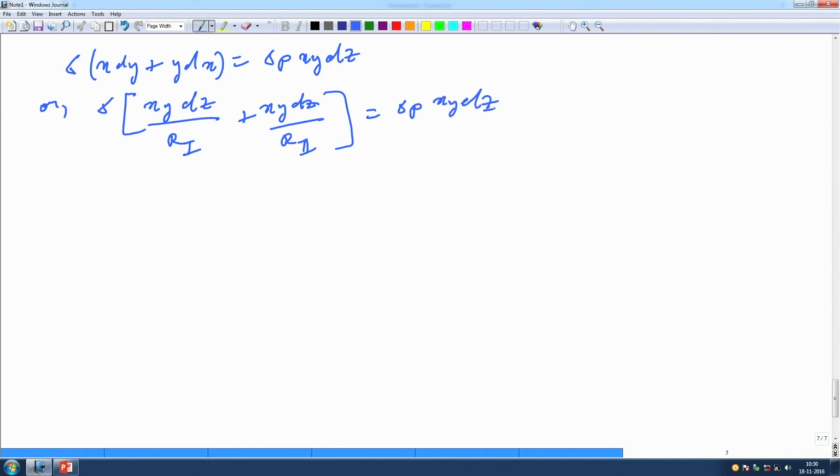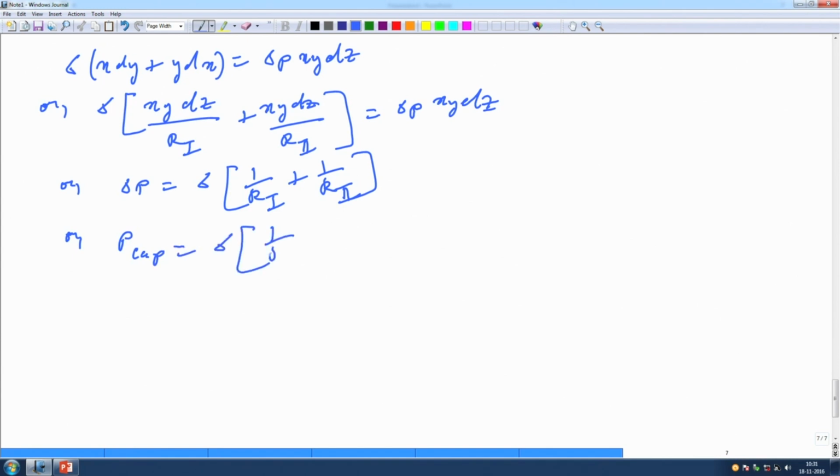So x y dz cancels from all the expressions, and you will basically get delta p is equal to sigma into 1 by R1 plus 1 by R2. So the capillary pressure is given by sigma times 1 by R1 plus 1 by R2. That is the expression, that is the Young Laplace equation.